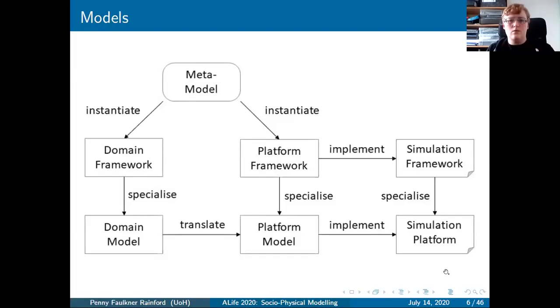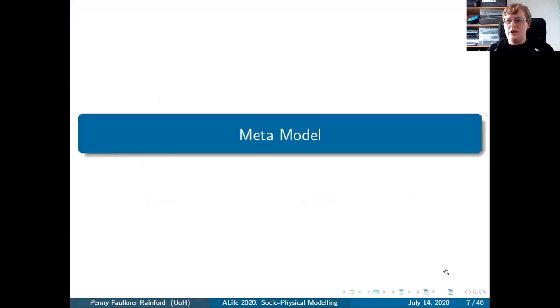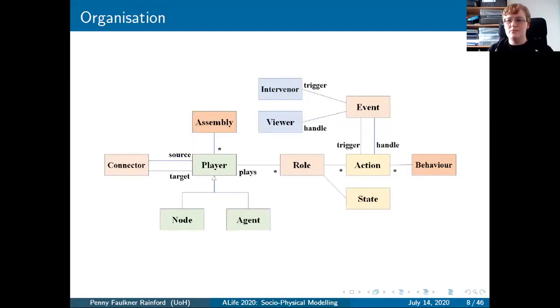So we'll just take a quick look at the meta model, because that encapsulates what we're working towards with the whole setup. So one of the main parts of this is player. We have nodes and agents, and those are 2 active parts of our system, and they're joined up by these connectors.